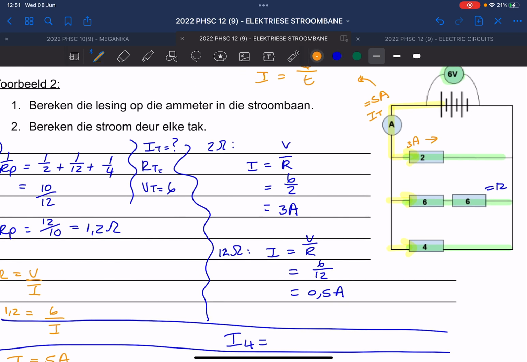You subtracted the 5 minus 0.5 is. You said 5 minus 3 minus 0.5. Okay, because you don't want to lose a man halfway. So, almal moet weer by mekaar optel.